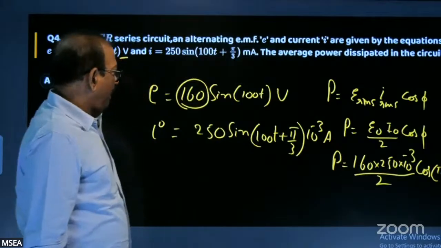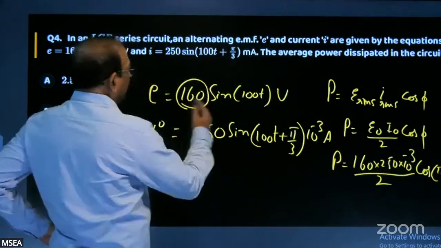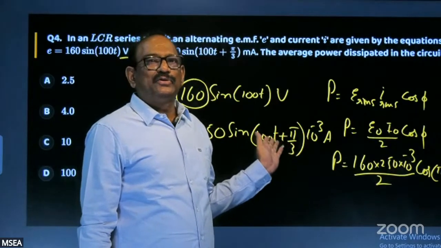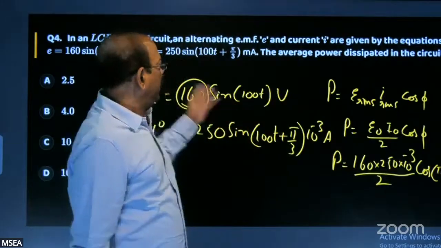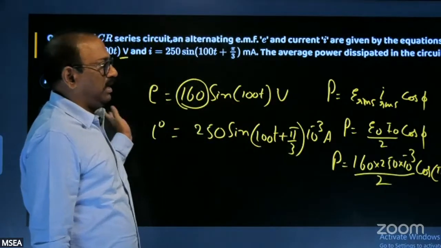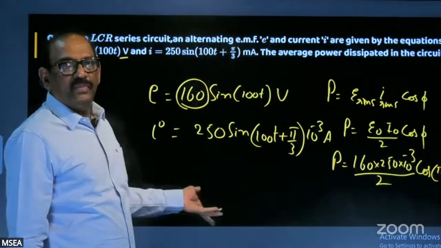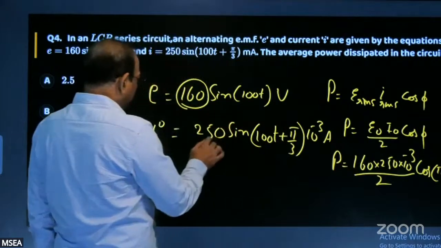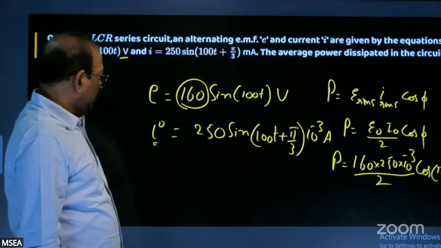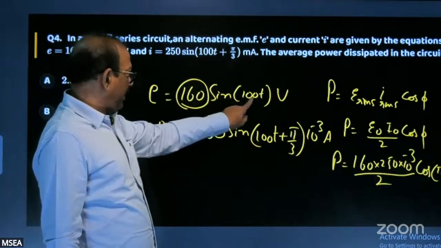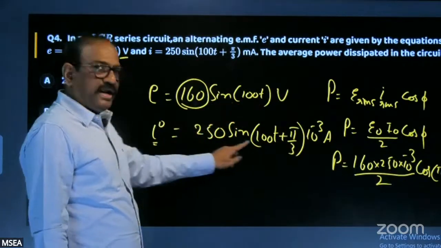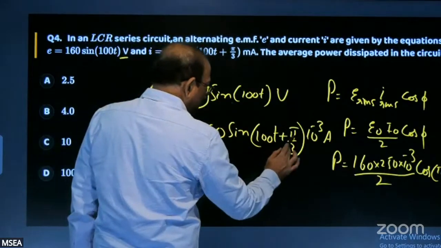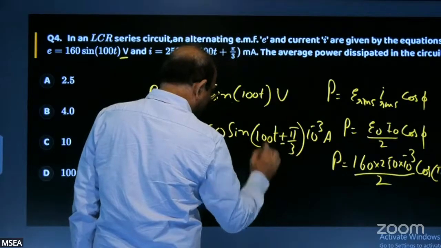Find it. And one more, if you look at these equations, you must be able to identify which circuit it is. Sometimes they'll use such questions. They'll give the two equations and ask whether this circuit is LR, CR, pure inductor, pure capacitor, like that. So you must be able to identify. If you observe the EMF expression and current expression, sin omega t form is there. In the current expression, 100t plus pi by 3, plus is there.